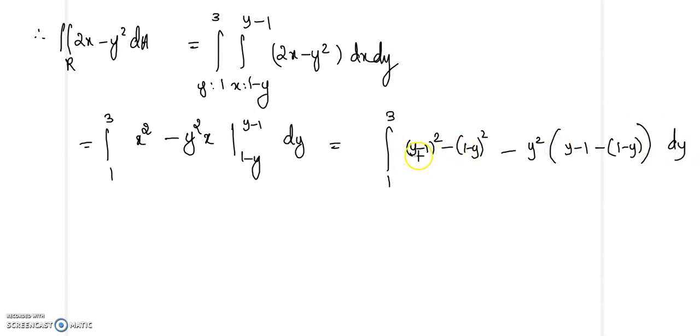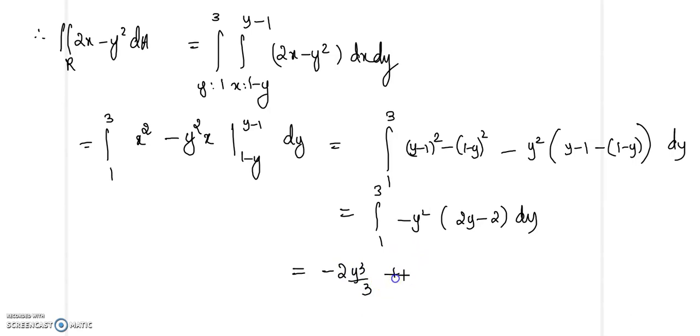Now y minus 1 whole square will be same as 1 minus y whole square. So the first value is going to be, this difference will be 0. So we will be getting remaining integral 1 to 3 minus y square into, so here you will get 2y minus 2 dy.